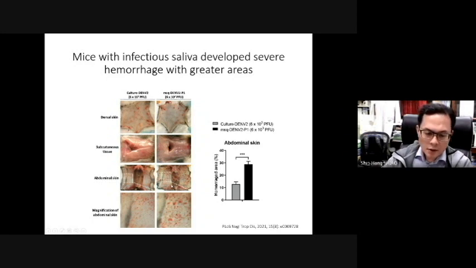This result, together with the previous data, suggests that dengue virus-infected mosquitoes can acquire greater potential to induce hemorrhage in the mice. And even more, from this data, we suggest that this MSQ DEN2 virus retained its hemorrhage potential ability even after one passage in the mosquito cell line.